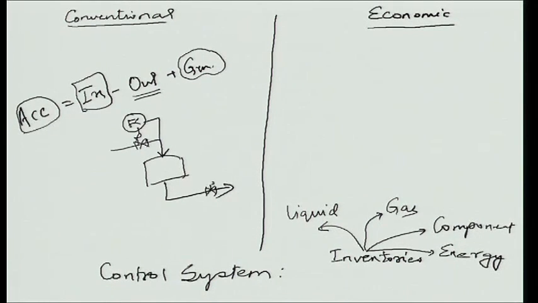If the outlet does not exactly match what is being fed in, here there is no generation term, the level controller ensures that exactly the same amount that is being fed in is taken out, so that accumulation gets driven to 0 and your process settles to a steady state.